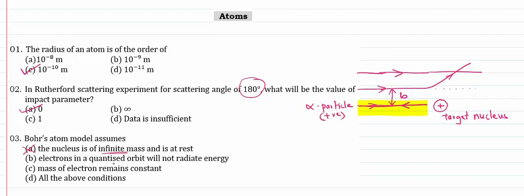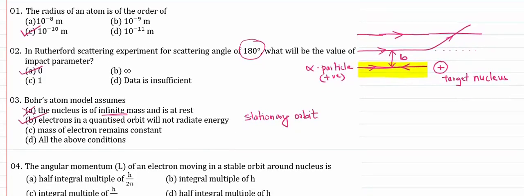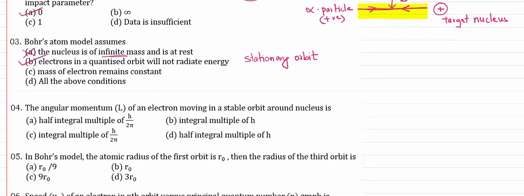Electron in a quantized orbit will not radiate energy. So this is correct. It means if an electron is in a stationary orbit, it will not radiate energy. But when it jumps from one stationary orbit to another, there is emission of energy or radiation of energy.